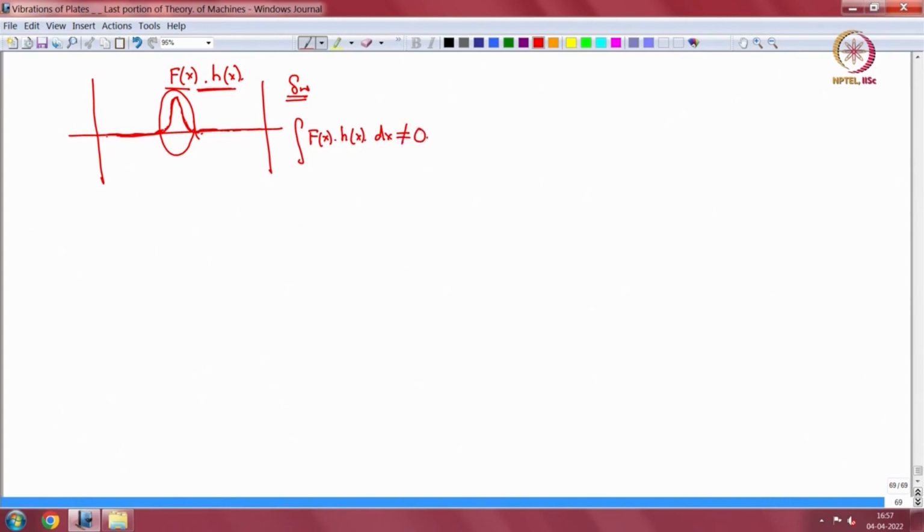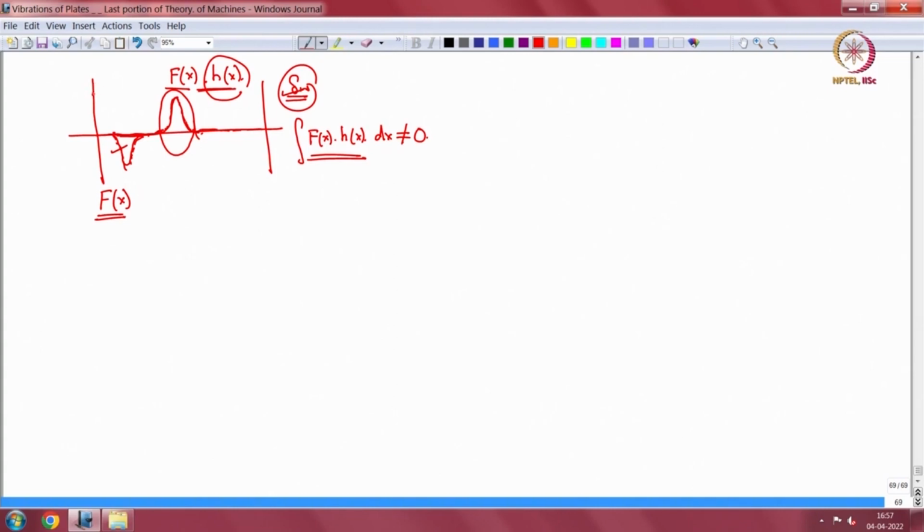So similarly, if there is a region where f of x is negative, then I will choose my delta W or h of x to be negative there, because I have the freedom to choose delta W, and then the f of x which is negative and delta W which is negative together will give you again a positive value, which if you integrate will not be 0, and therefore if the integral has to be 0, f of x has to be 0 throughout, and it is a continuous function, so it is not jumping wildly.